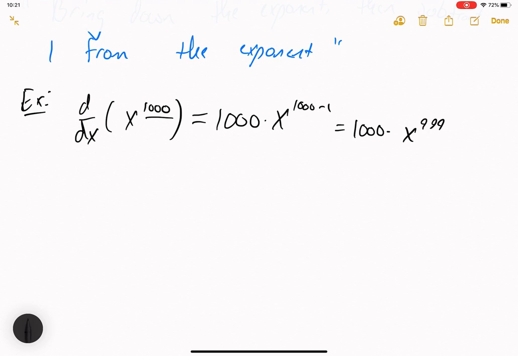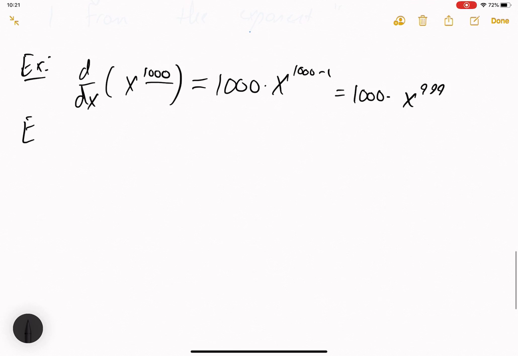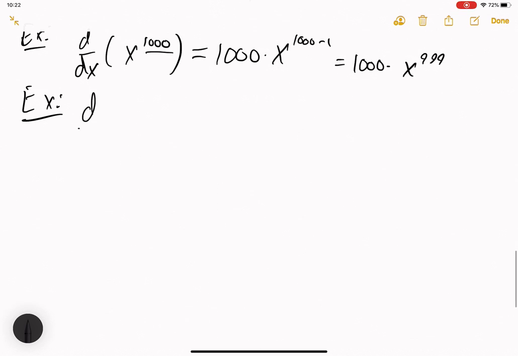But I haven't told you how the derivative works over a few different cases. Right now we're only working with the positive integer cases, but one of the things we've done previously was d/dx of the square root of x.